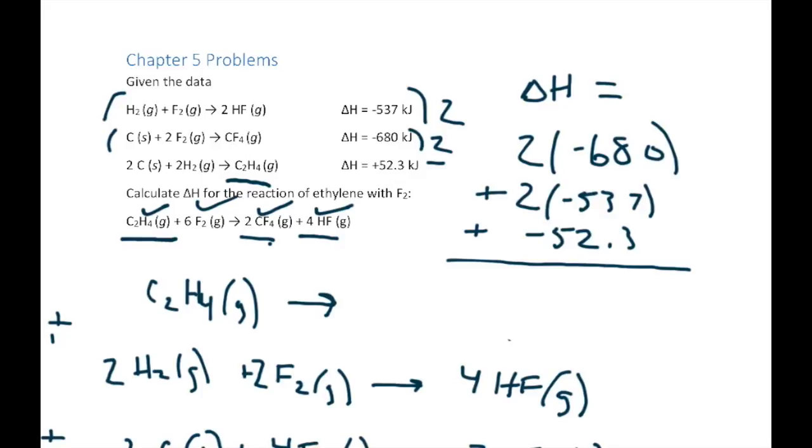So we add these all together. And we get negative 2,486.3 kilojoules. And that's how you do Hess's law.